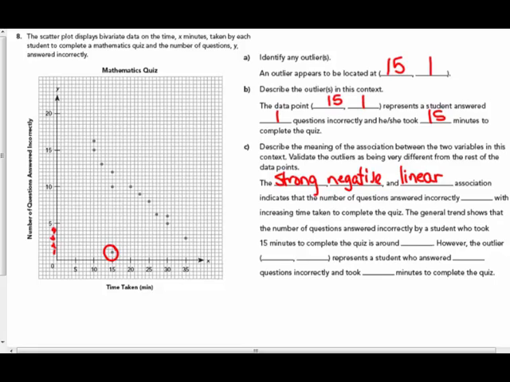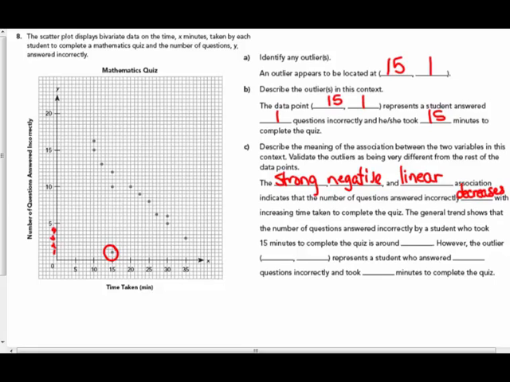It indicates that the number of questions answered incorrectly decreases, yes, it's going down, decreases, making mistakes, with increasing time taken to complete the quiz. The longer you take to do the quiz, the fewer mistakes you're going to make. That's what it says.